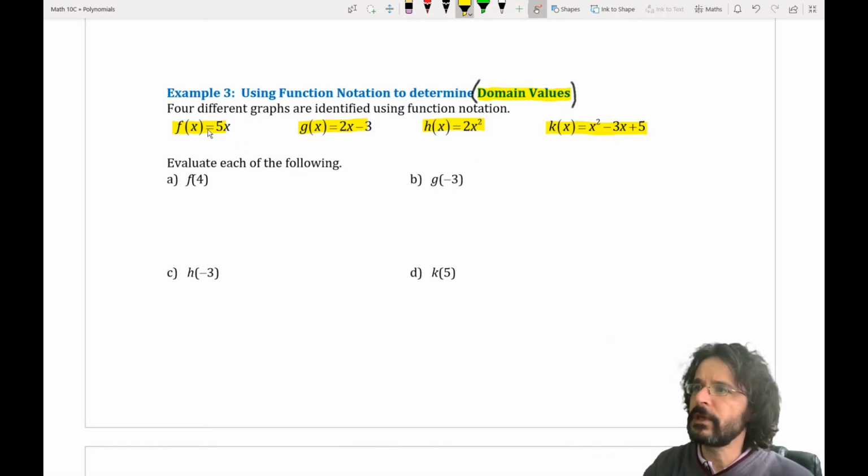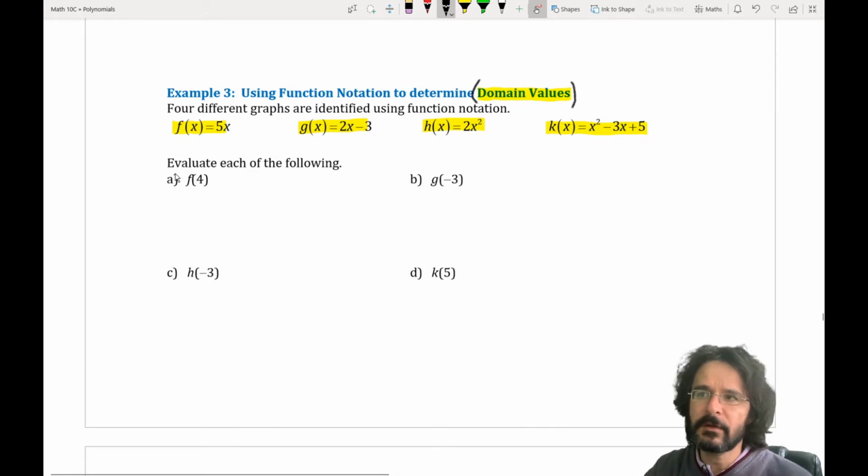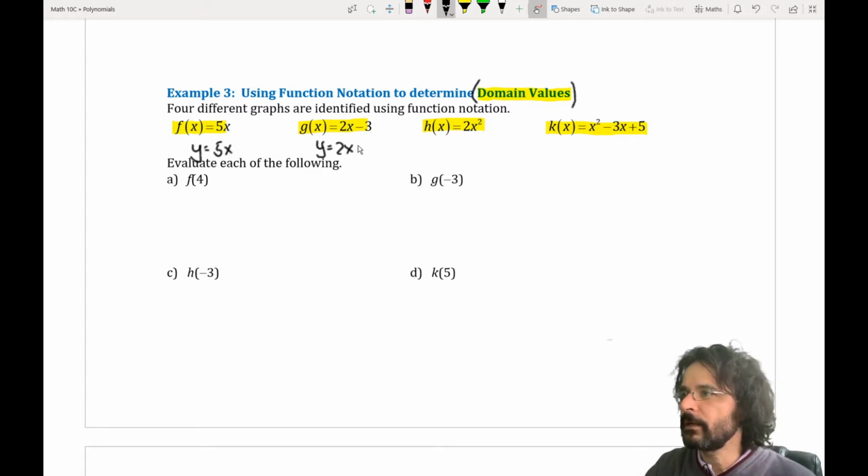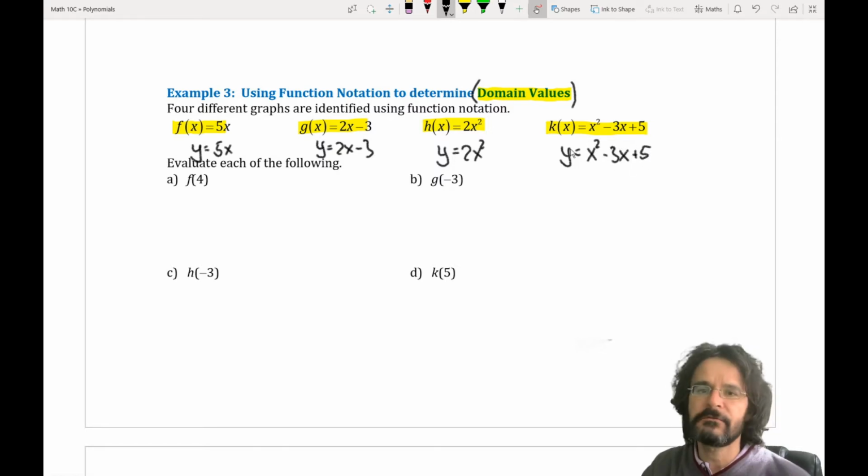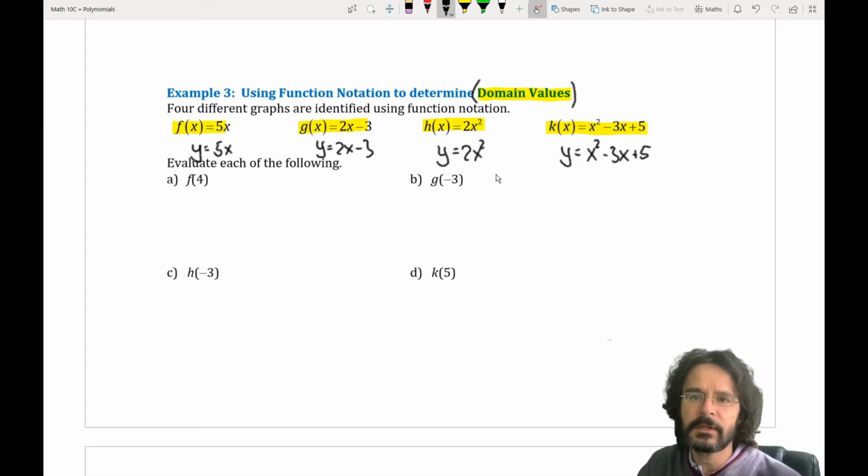If we're going to use just the traditional notation that we have encountered in the past, we might see something like y equals 5x, y equals 2x minus 3, y equals 2x squared, y equals x squared minus 3x plus 5. So this is how we have encountered functions in the past, y equals something.